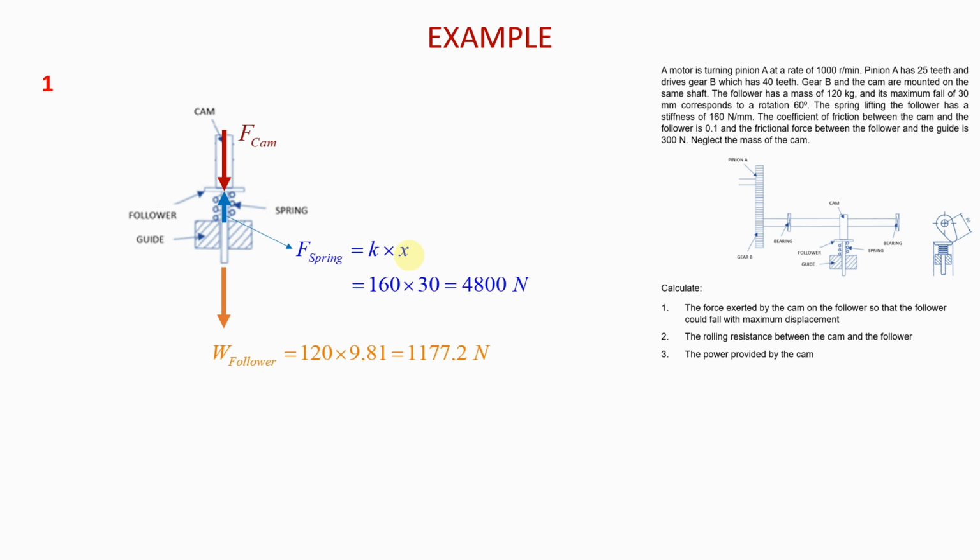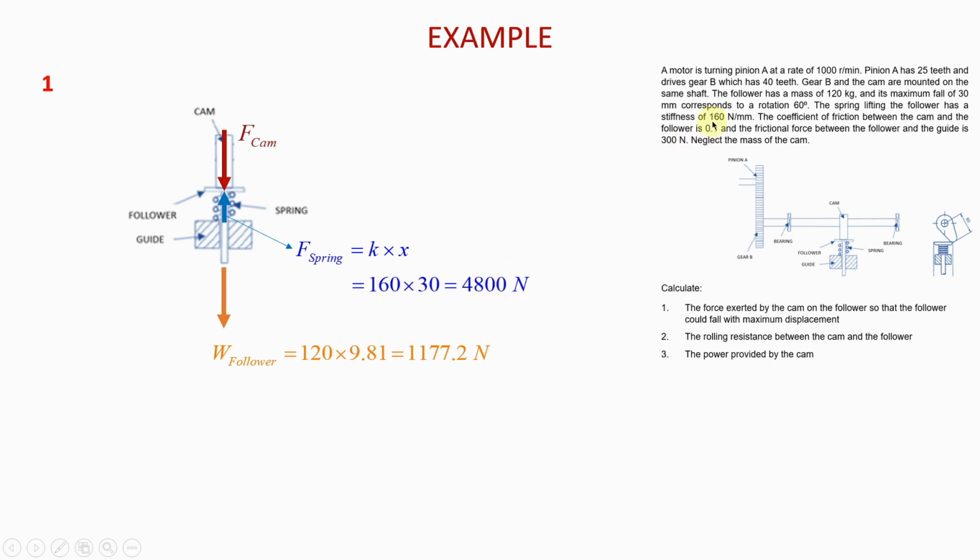Or if it is in newtons per meter, then the deformation will have to be in meters, okay? In this case, I decided to leave it in newtons per millimeter and use a deformation in millimeters, and that will give me an answer in newtons. But if you don't understand that, you are welcome to convert everything to SI units. You will still end up with the same answer, okay?